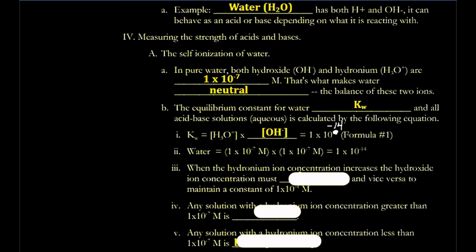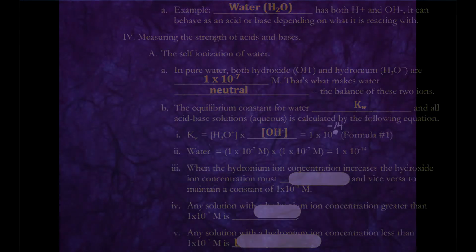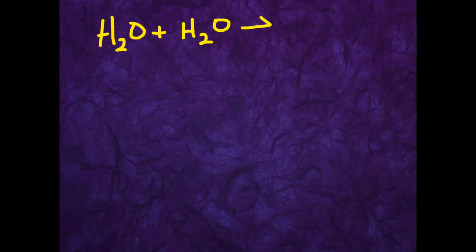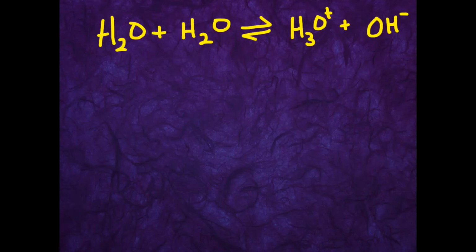Okay, and here's how we get it. Remember, the dissociation of water is H2O plus another H2O is in equilibrium with making hydronium and making hydroxide.